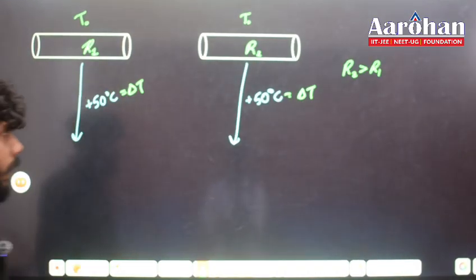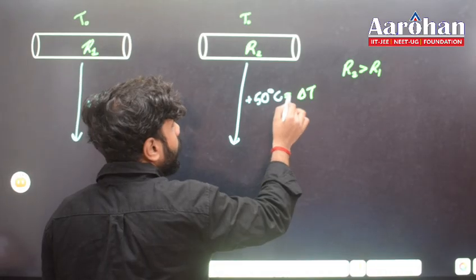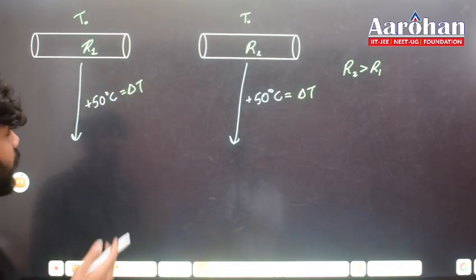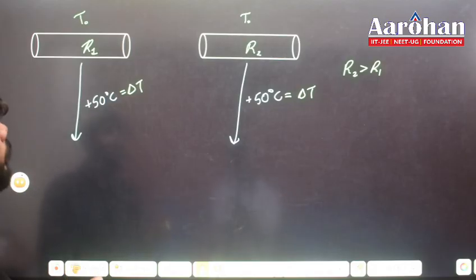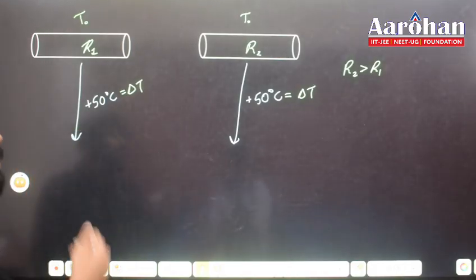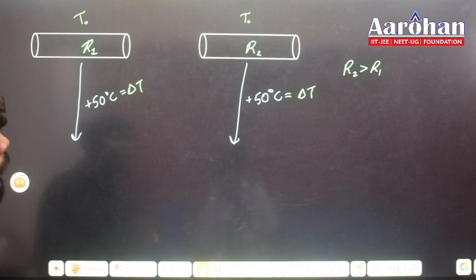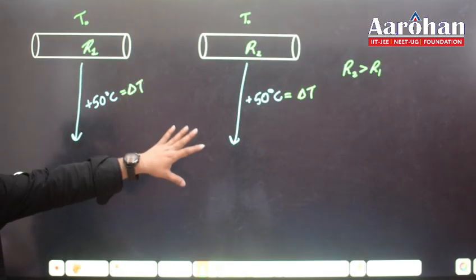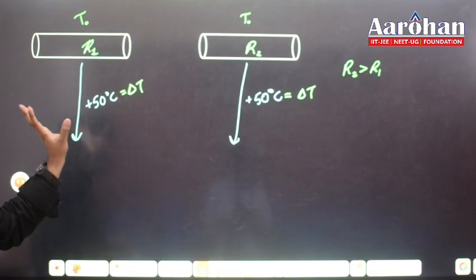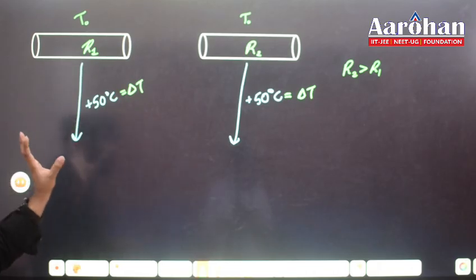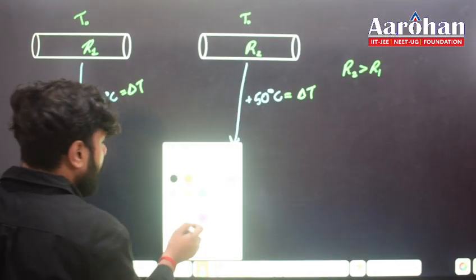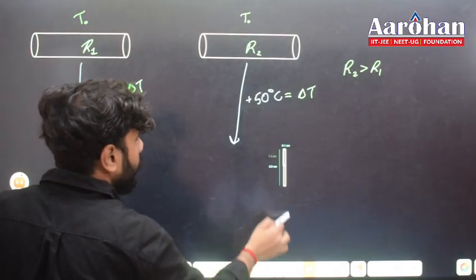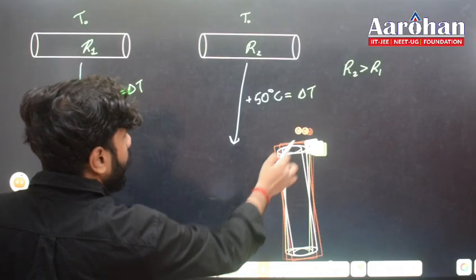So what you should think, or what is the general perception, is that if the change in temperature is the same, the change in resistance should be according to that only. Means the change in resistance should be equal. Again, one will have higher resistance, one will have lower resistance, that is fine, it is obvious, but the change in resistance should be the same.